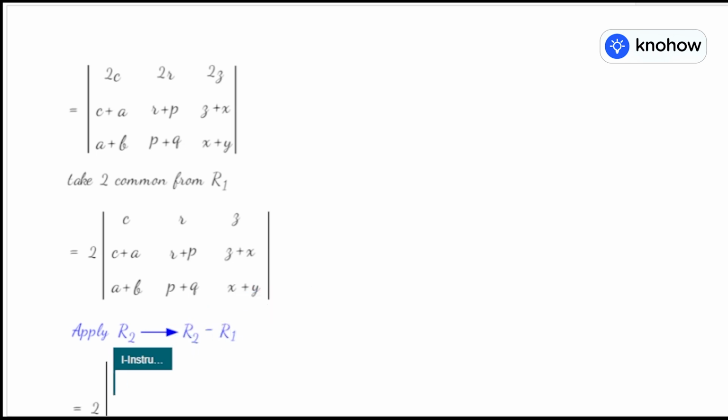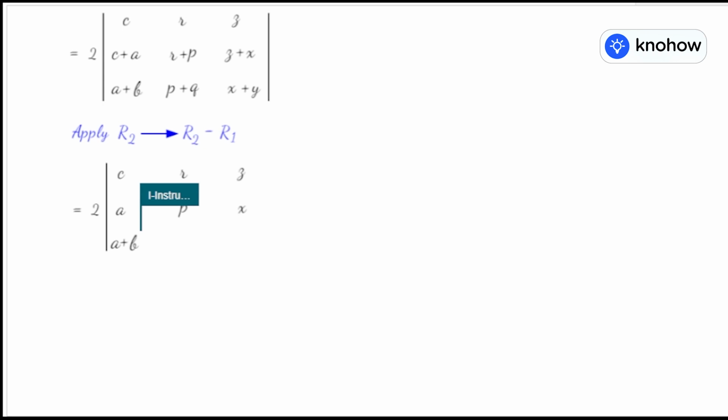Now C plus A minus C will make it A. R plus P minus R gives you P. Z plus X minus Z makes it X. So the elements of the second row become A, P, X, and the third row A plus B, P plus Q, and X plus Y you keep as such.